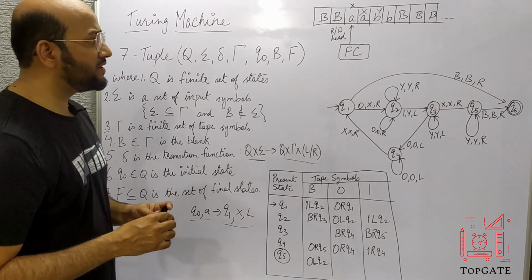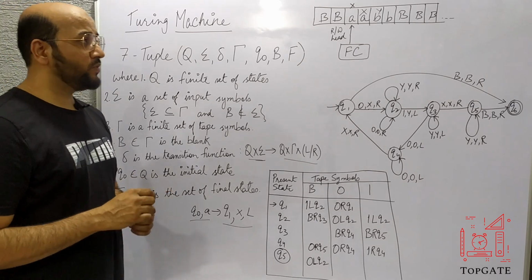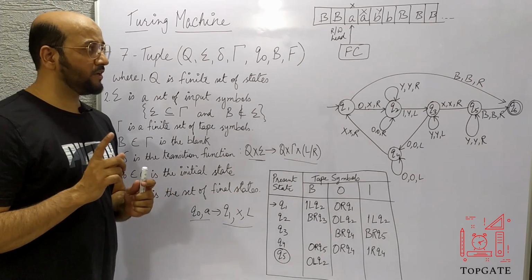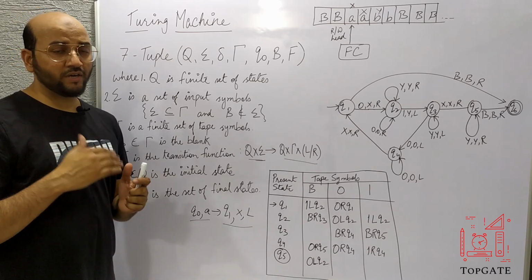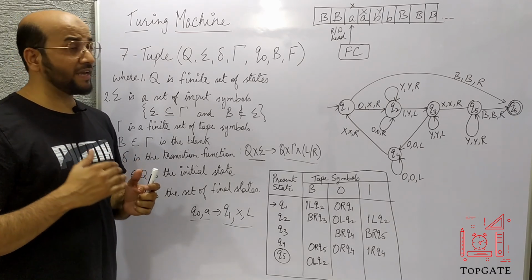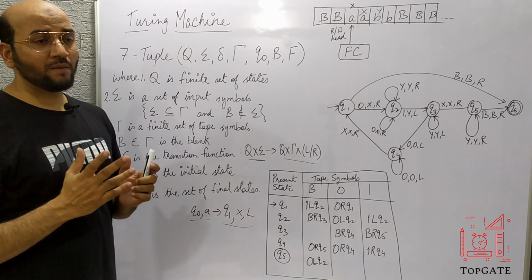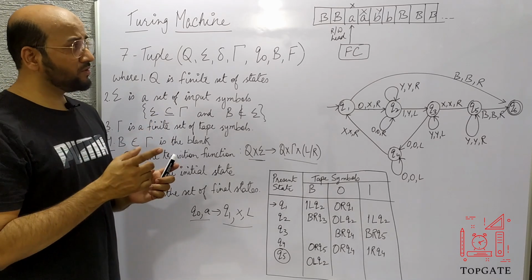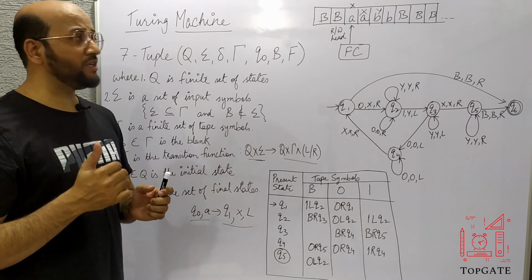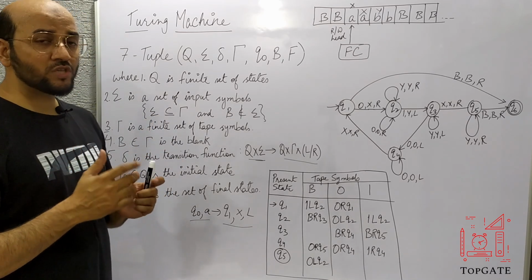Now why is there a requirement for the Turing machine? First of all, the first machine that we studied was finite automata, that was NFA or DFA. But for certain languages the finite automata failed, like it was not able to compare things. So for comparison we got another machine called PDA. PDA was able to compare things.